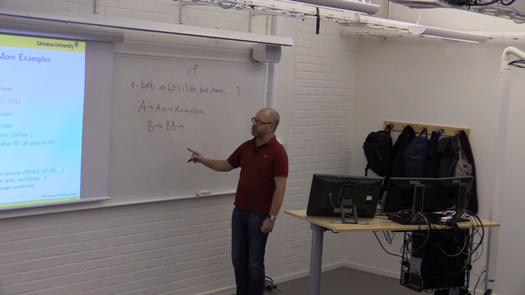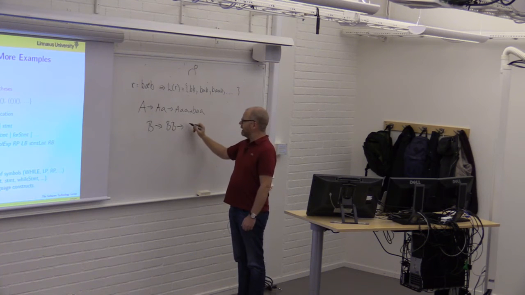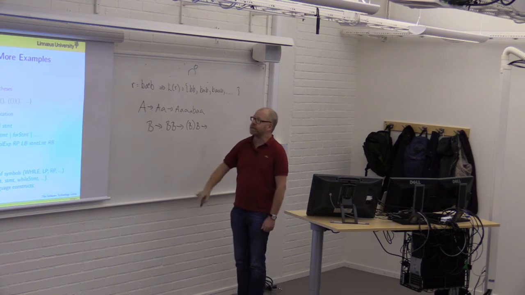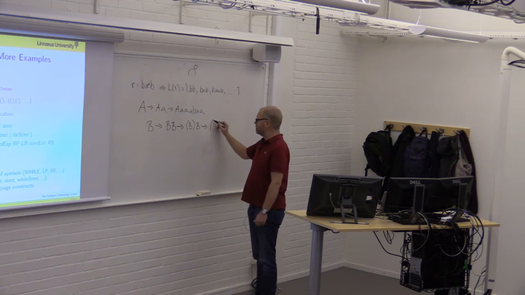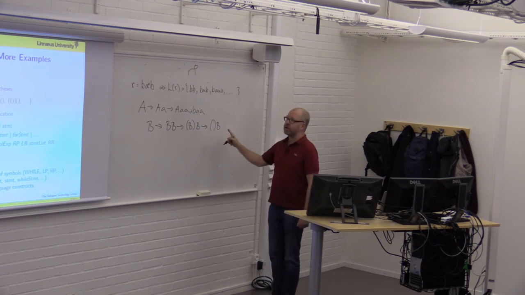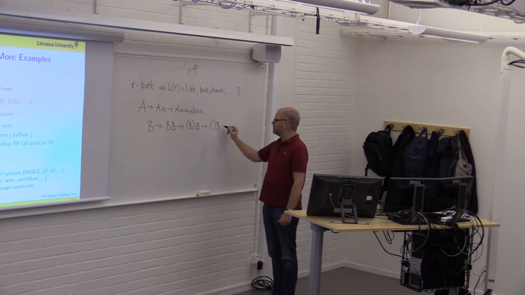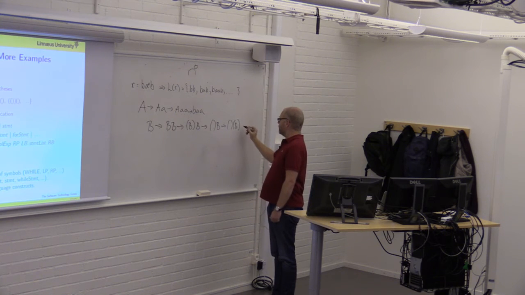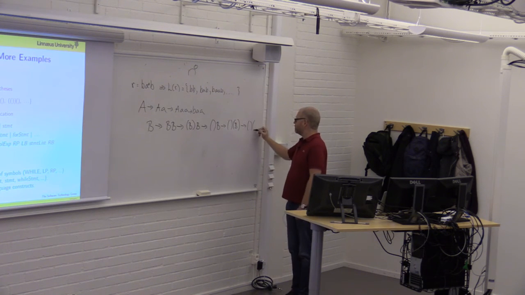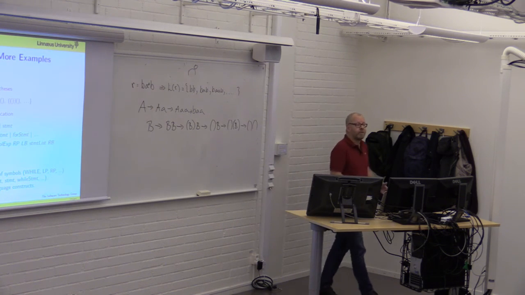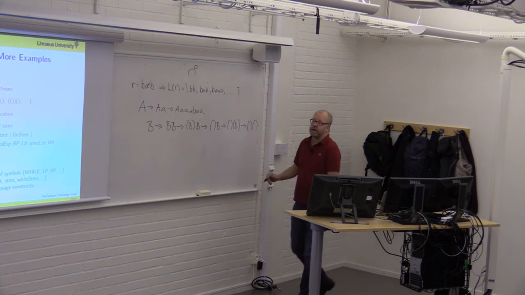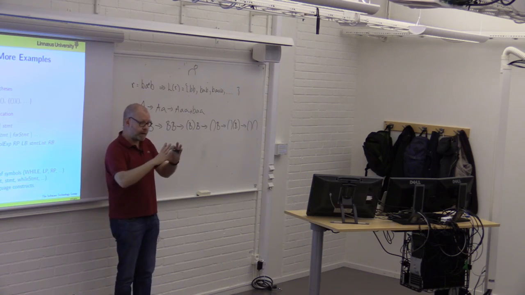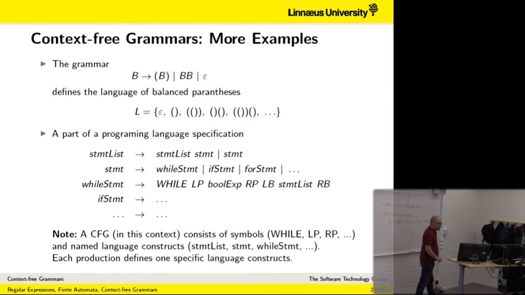I apply the first rule saying that B can go to bracket B. I apply the third rule saying that B can go to the empty string. I apply the first rule saying bracket B. I apply the third rule one more time. So by applying these rules in certain combinations, I can generate any expression containing parentheses that match each other.